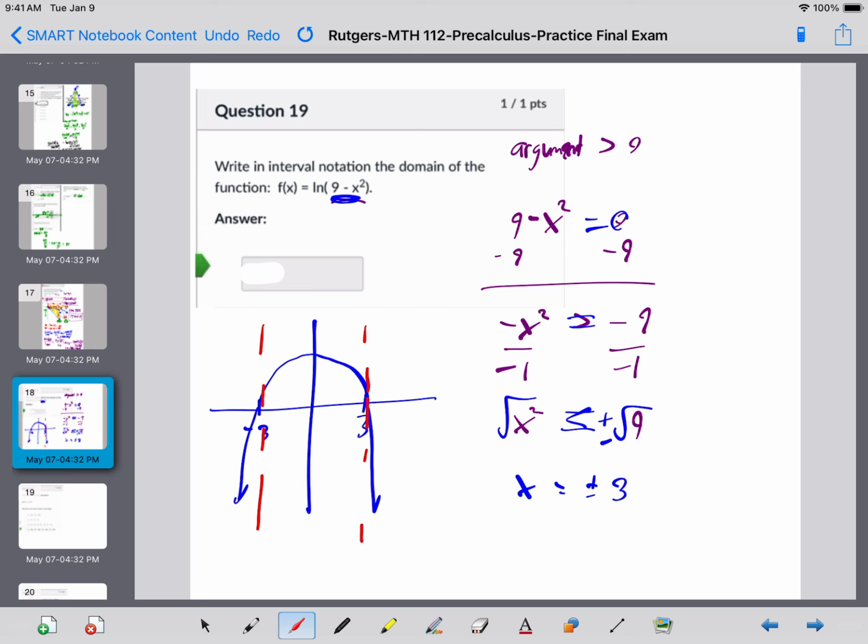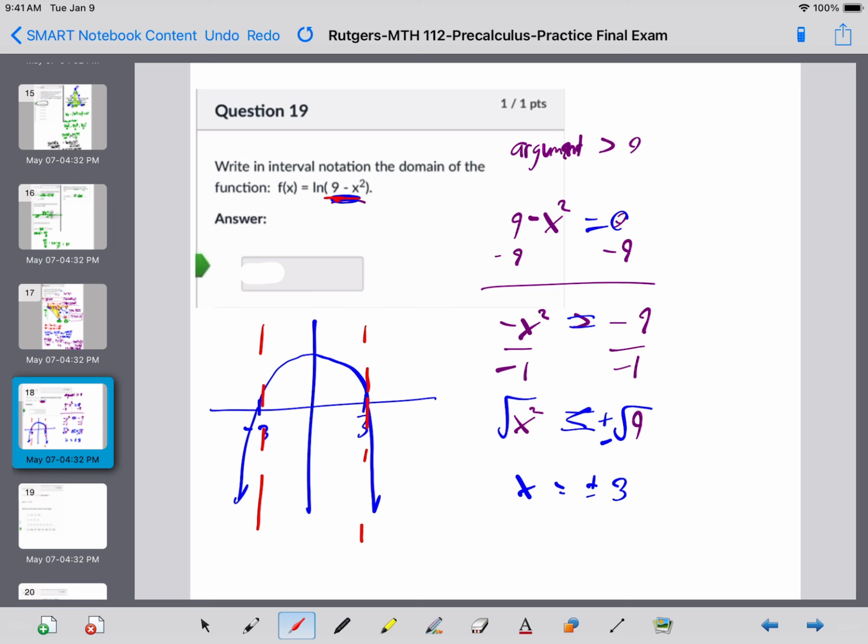So I would separate those with lines, right? And now we want to know where 9 minus x squared is greater than 0.